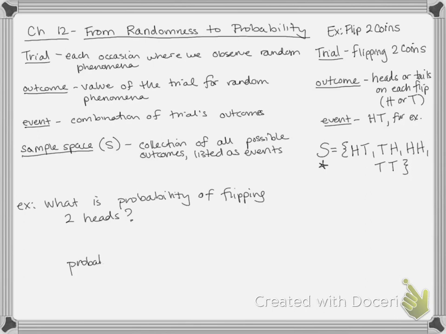The definition of the probability of event A, which in this case is flipping two heads, we write it with this fancy notation, capital P of A, which just means the probability of event A. And it literally means the number of outcomes in A over the number of possible outcomes.